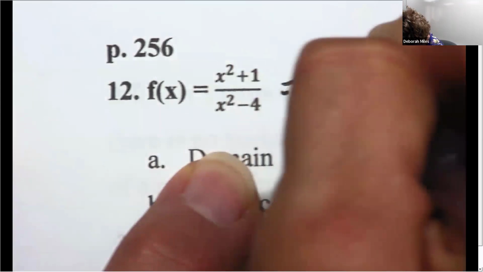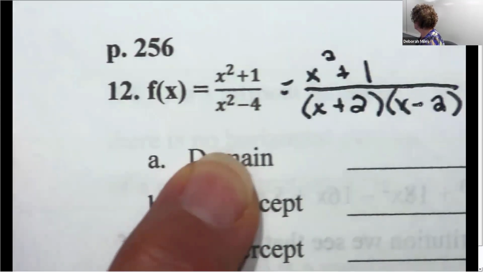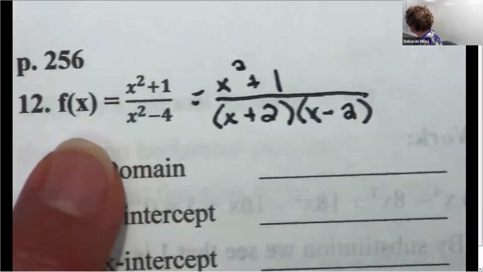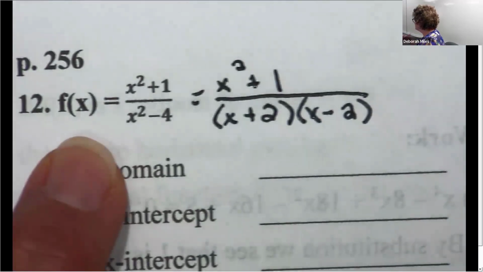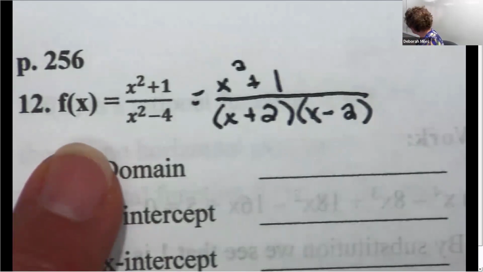Okay. If that denominator has two factors and neither one will cancel out, then I have two asymptotes. If one of them could have canceled out, then I would have just had a hole in the graph.